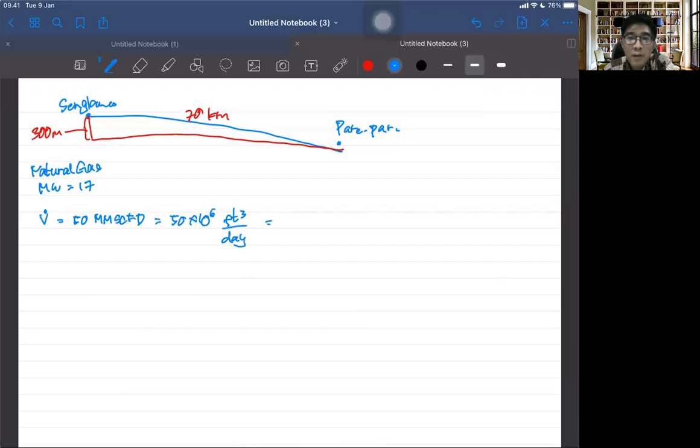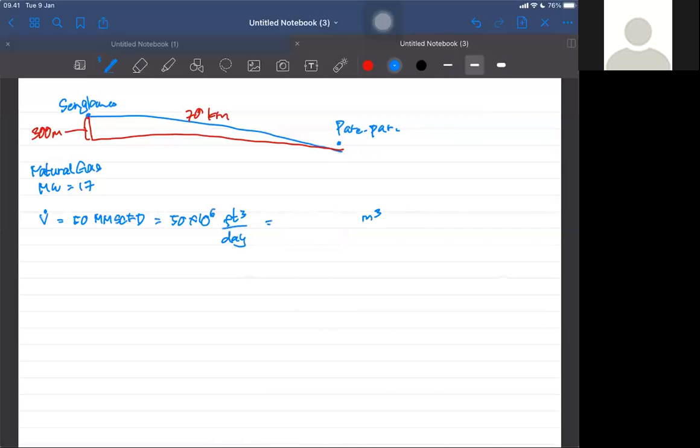In order to simplify our calculation, we will use the standard SI unit. So you need to convert it into cubic meters per second. Have you done the calculation? How much?